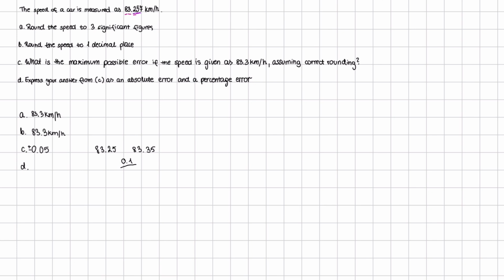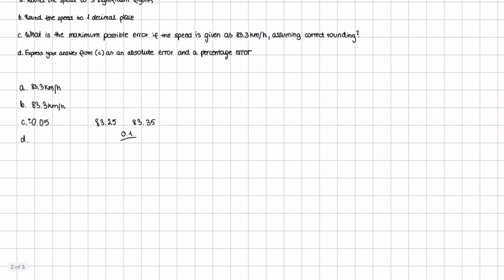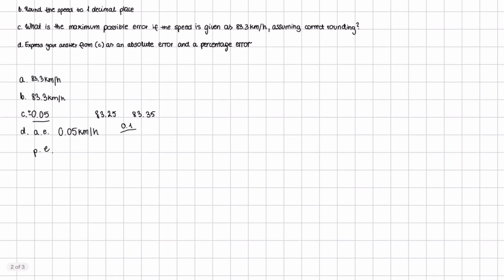So absolute error, we already have it. It is 0.05 kilometers per hour, and percentage error we can quickly calculate by dividing our absolute error by 83.3 and, of course, multiplying by 100.